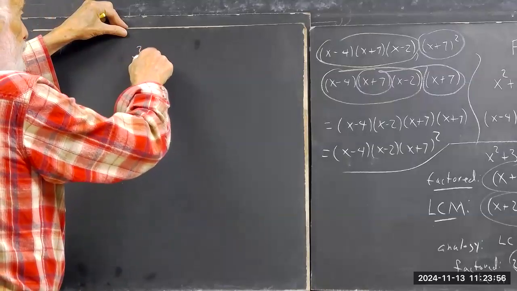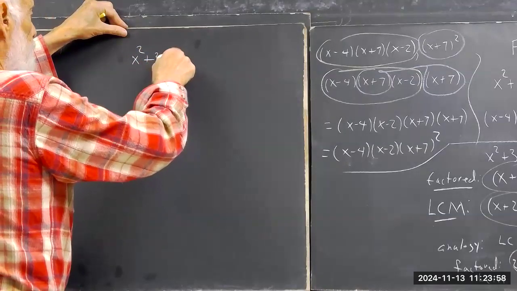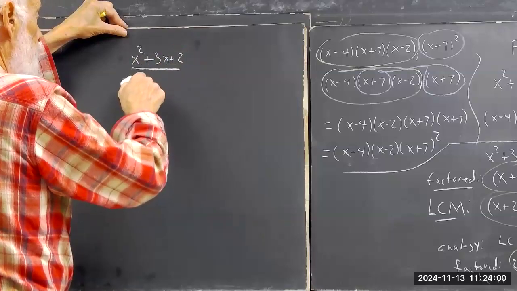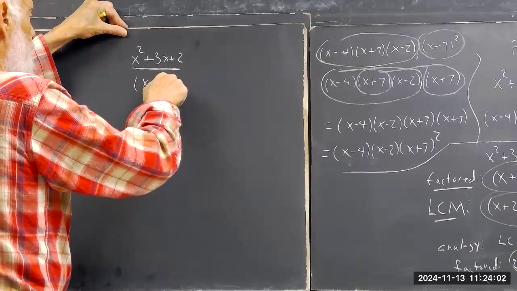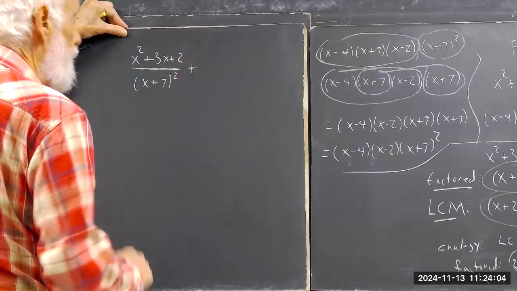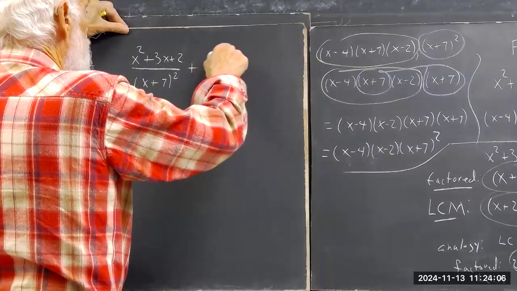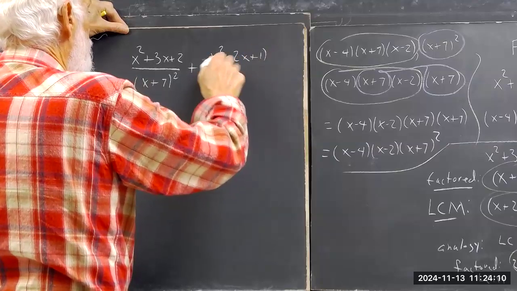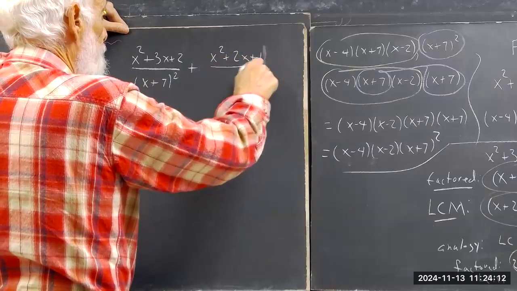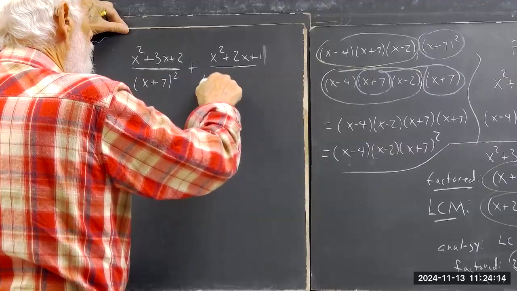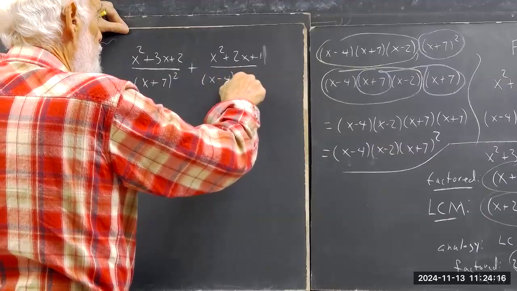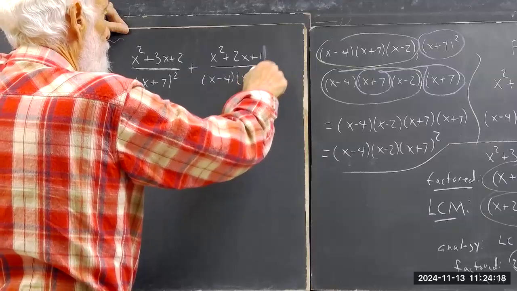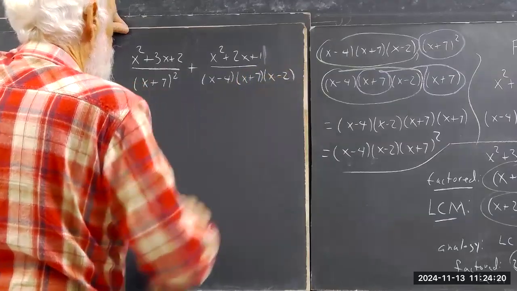So let's just say we want to add x squared plus 3x plus 2 over x plus 7 squared to x squared plus 2x plus 1 over x minus 4 times x plus 7 times x minus 2.